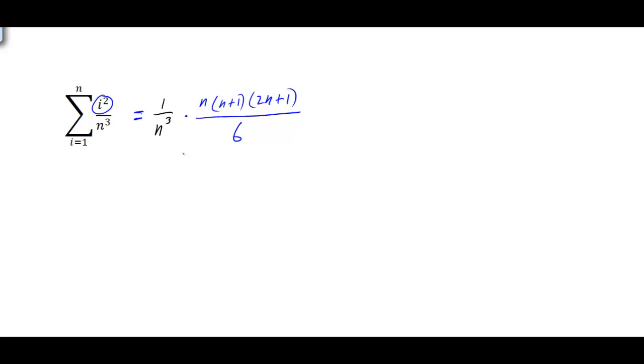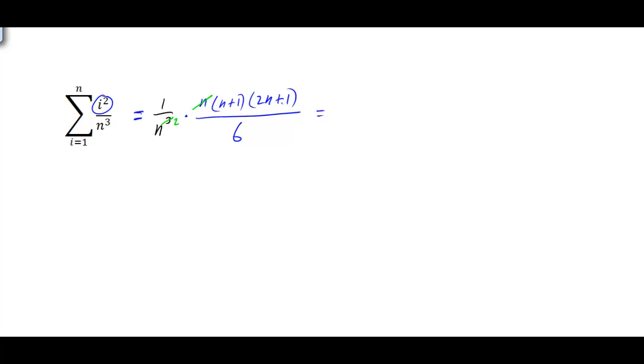So now from here, how can we simplify this expression? Well, probably the easiest thing to realize is we have an n on top, because everything's multiplied on top, everything's multiplied on the bottom. This n on top will cancel out one of the n's in the cube on the bottom, so this will become n squared.